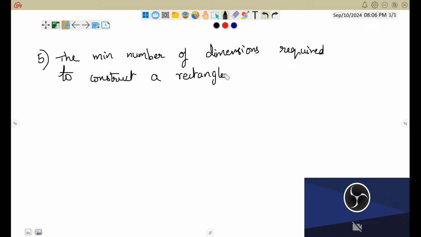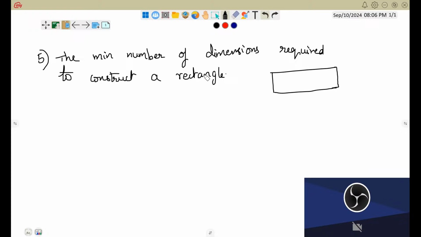Length and breadth. Are the opposite sides equal in the rectangle? Yes. See, is this a rectangle or a square? Rectangle. Yes. A rectangle is nothing but a parallelogram. In the rectangle also, opposite sides are parallel and equal. So the question: the minimum number of dimensions required for this.